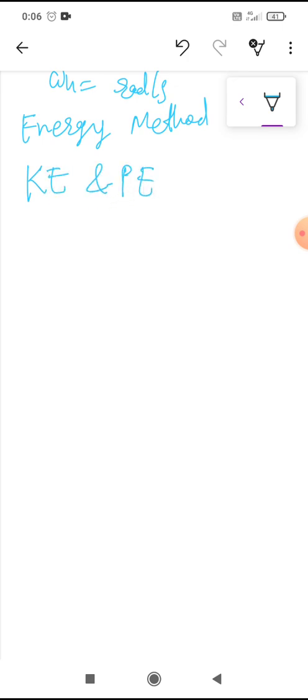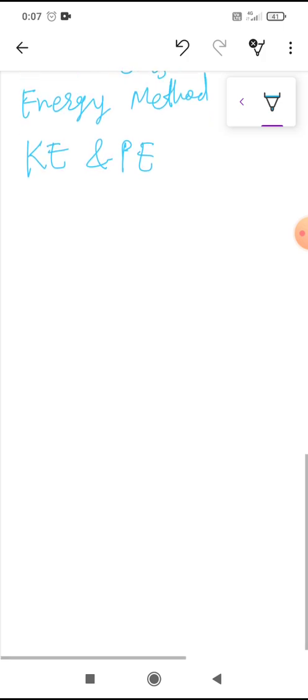Kinetic energy is due to the motion of the body, while potential energy is due to the position of the body, which is equal to the amount of work required to move the body from any position. In case of vibration, the mean position is the equilibrium position, at which the potential energy of the body or system is zero.